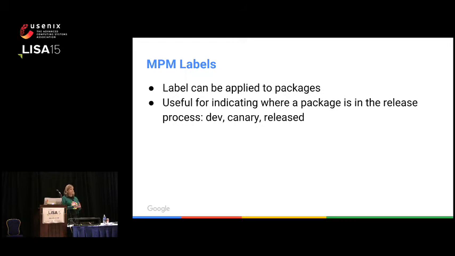Do some additional testing, and maybe you run some canaries out on the production machine. And then when you're ready to release it, you can apply another label, perhaps released. It makes it real clear to anyone examining the MPMs where they are in the release process, and it also can be used to write rules for fetching and installing the MPMs.